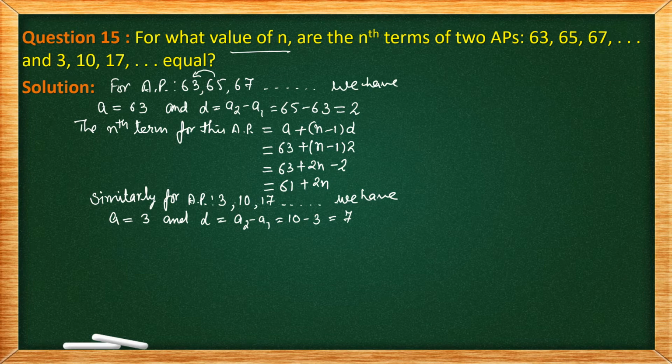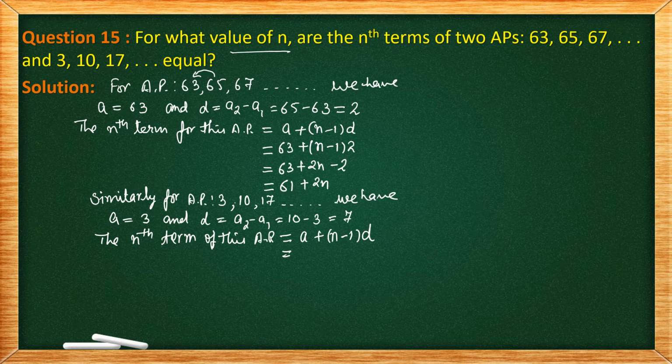Okay, now we have to find the nth term. So nth term of this AP is equal to, we will use the general term formula, A plus n minus 1 into D again.